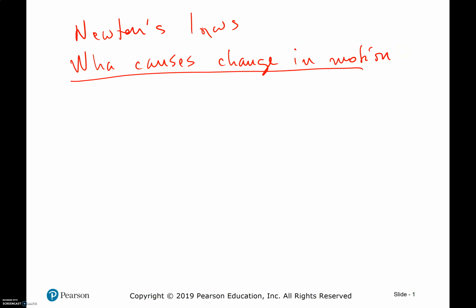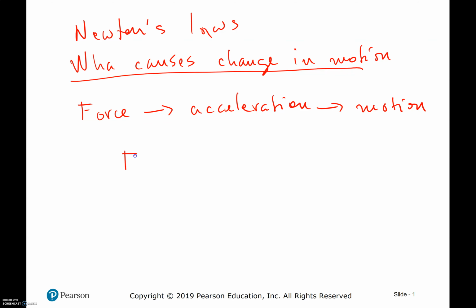And we are going to see that the idea is that force produces an acceleration, which changes motion. And this is all summarized in the famous Newton's second law, which basically says F equals ma.